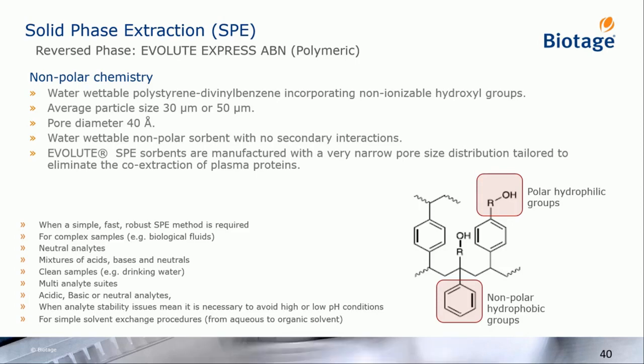So if you have a wide variety of drugs, as you would in maybe a forensic setting, then this could be a good option. So you get a bit more overlap in terms of the types of phases you could look at.